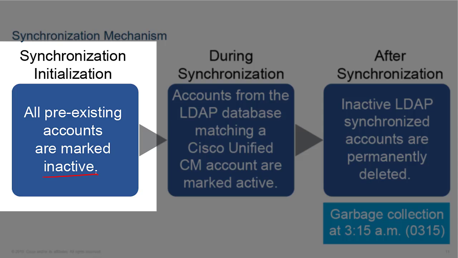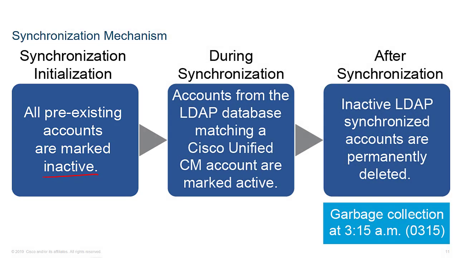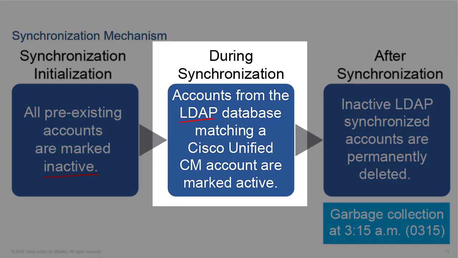So what we do is we say, well, if those accounts shouldn't need to be active, we'll mark them as inactive. We will then take the information from LDAP and we'll replicate it across. The accounts from that LDAP database that match the already existing account in the Cisco UCM, of course, then get marked as active again.